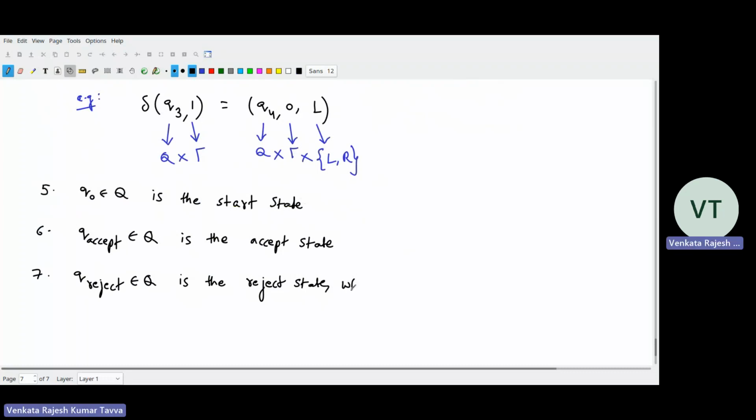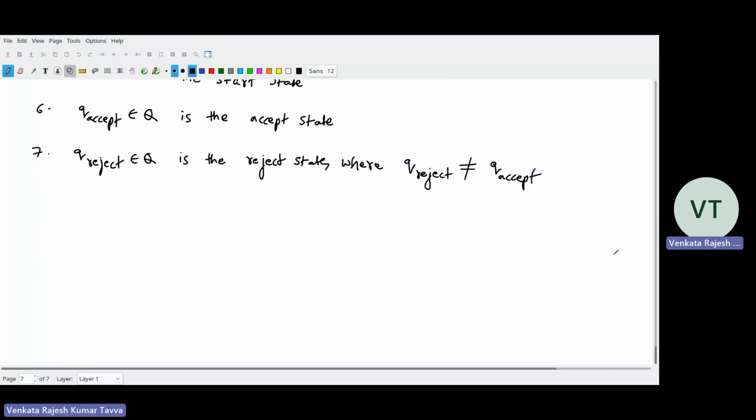And Q reject is not the same as Q accept. Both states should be there, both are different, both cannot be the same. Okay, so this is the formal definition of a Turing machine.